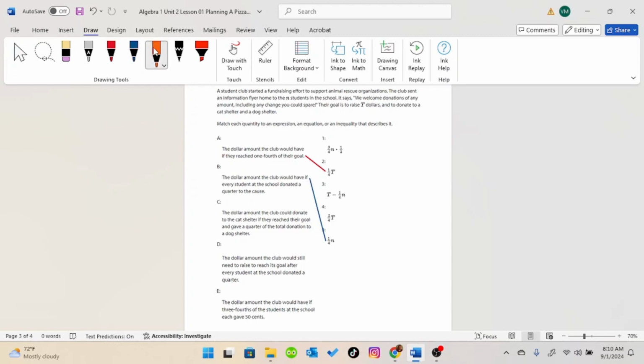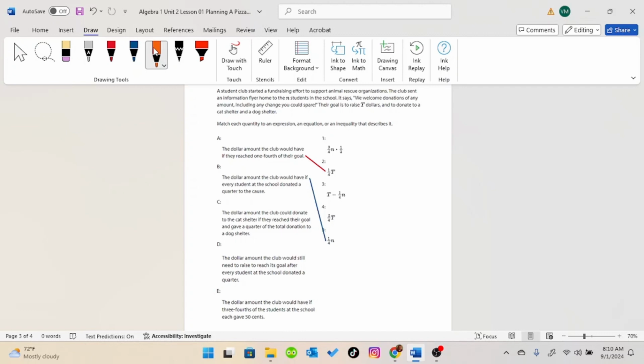Description C. The dollar amount the club could donate to the cat shelter if they reached their goal and gave a quarter of the total donation to a dog shelter.